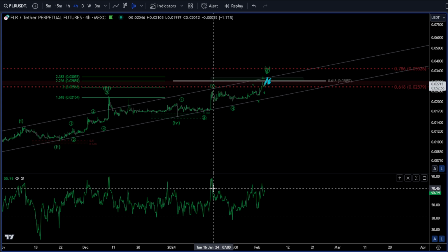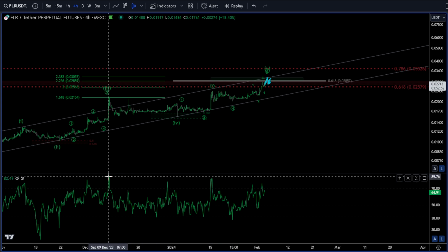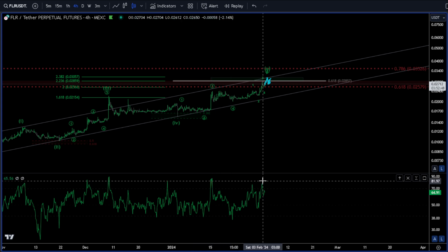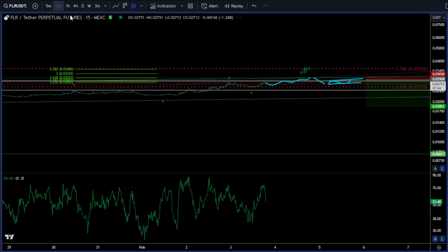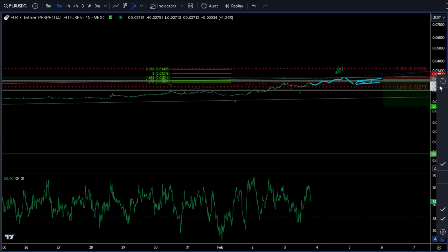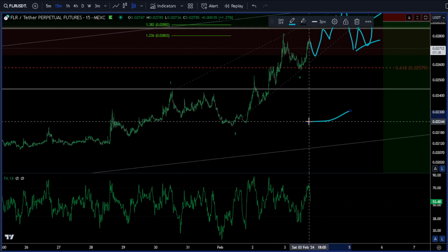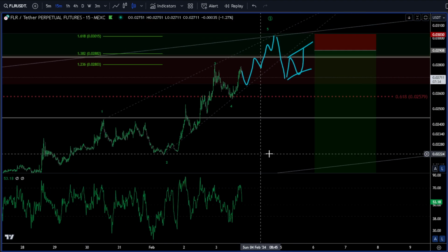On our 4-hour, same. Largest peak was the 3rd wave, 3rd of the 5th, and you can see we're making divergences here as well between the 3rd and the 5th. On the 15-minute, yeah, this is nice because everything's lining up on all time frames for our RSI.